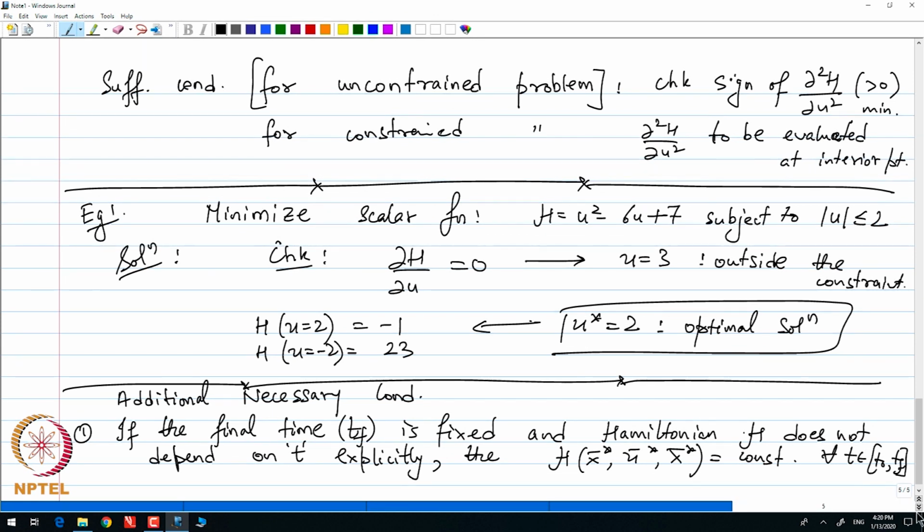And then we have another additional point to note, that if my final time is free and not specified, and the Hamiltonian further does not depend on T explicitly, then in that case the constant is 0. The optimal value of the Hamiltonian at optimal control values is 0, right.